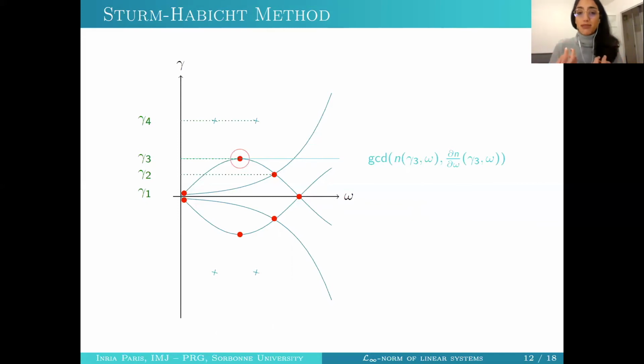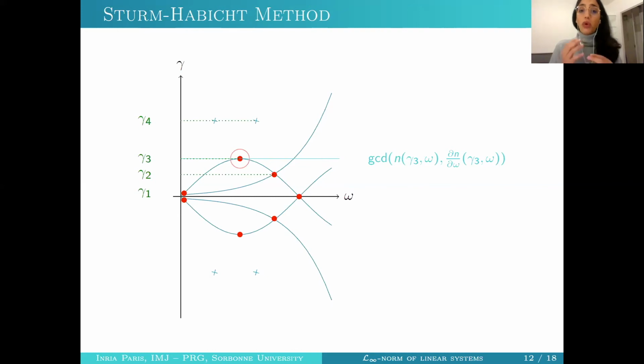So, theoretically speaking, we can simply apply the concept of Sturm-Habicht real root counting over this univariate polynomial, and we are done. Here we just recall that a Sturm-Habicht sequence is a signed subresultant sequence, which is similar to the remainder sequence, but with a controlled coefficient growth, and it's stable under specialization.